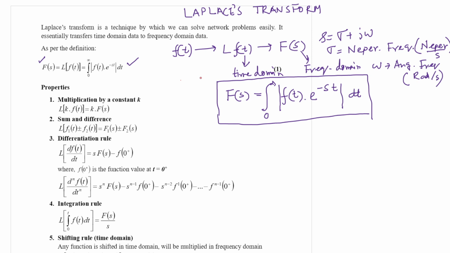The first property is like that. We assume that a function in time domain is f(t). Now if you apply Laplace transform on f(t), then that function will become F(s).